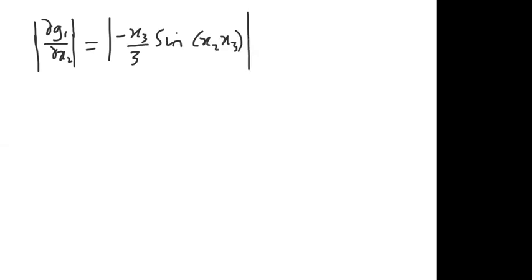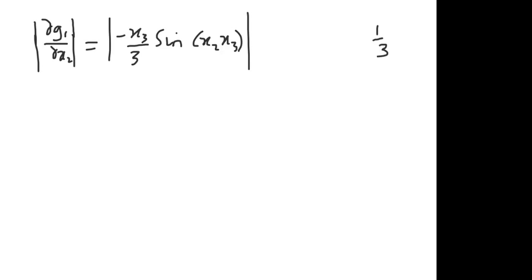I can even get a bound which is greater than the one that I have there, by saying sine X2, X3 is less than or equal to 1. So I can say this is also less than or equal to 1 over 3, right?